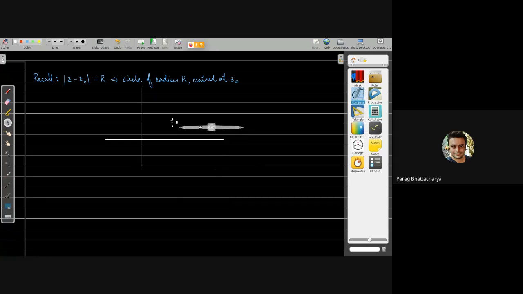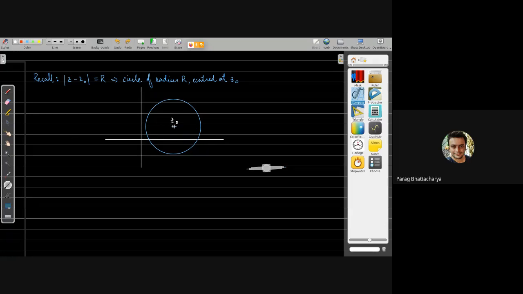So basically this is what we're talking about, a circle such as this one, and the radius of the circle is r.